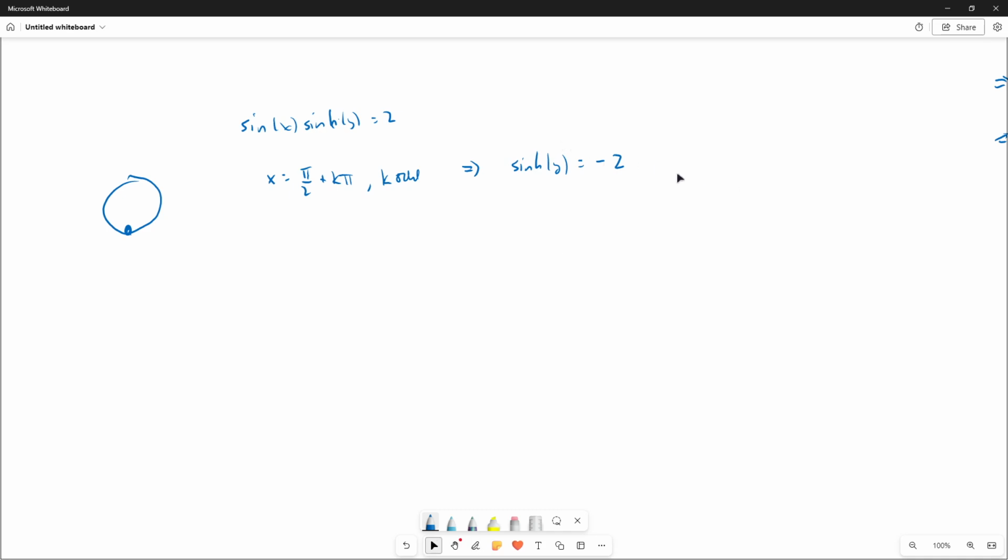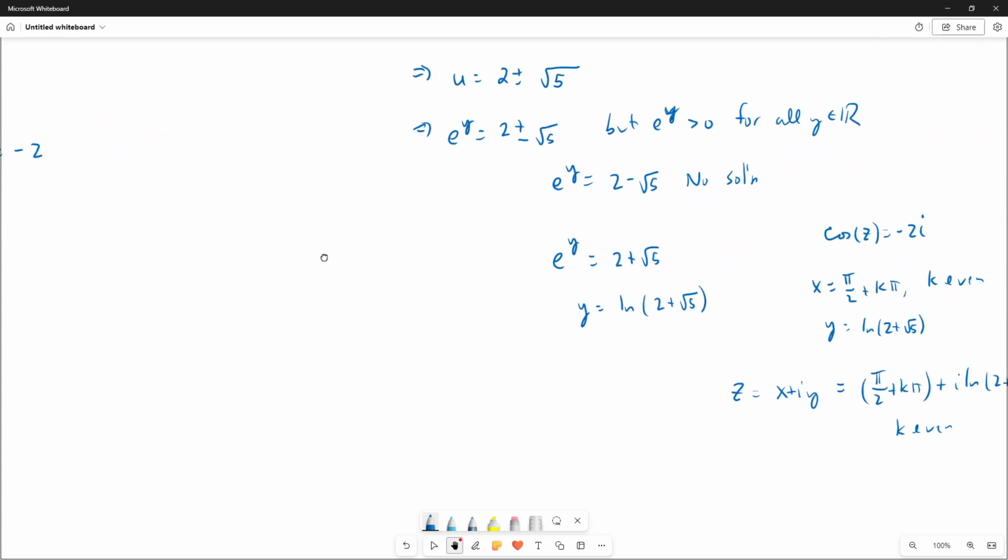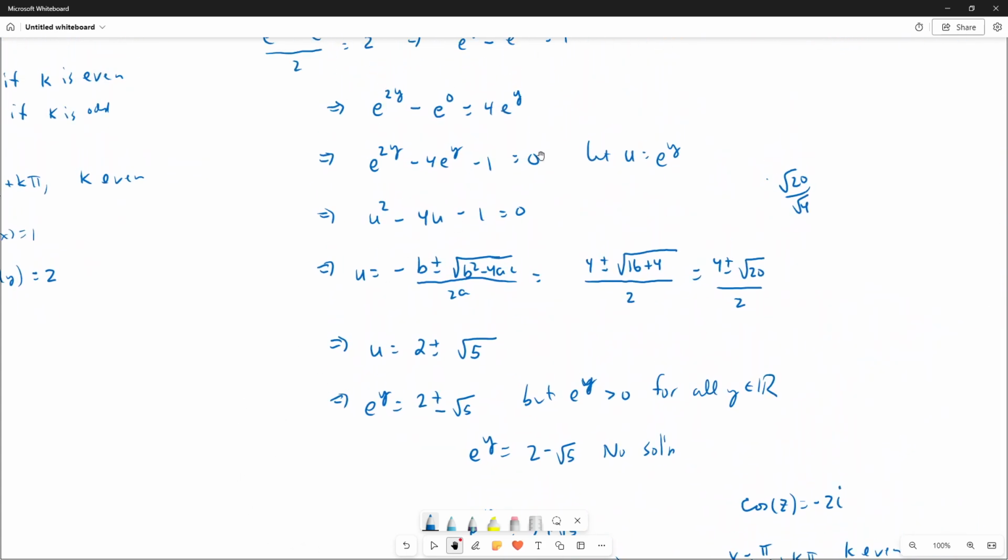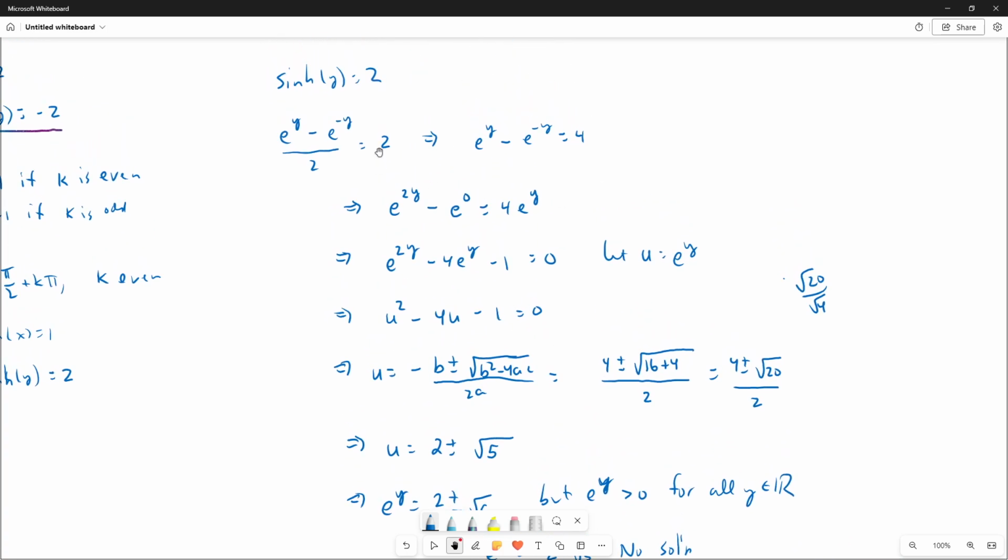In fact, if we change this 2 into a negative 2, how does that change all of this work that was here? If this was a negative 2, then this would be a negative 4. And so this would be a positive 4, which would change this to a negative, but it wouldn't change this.